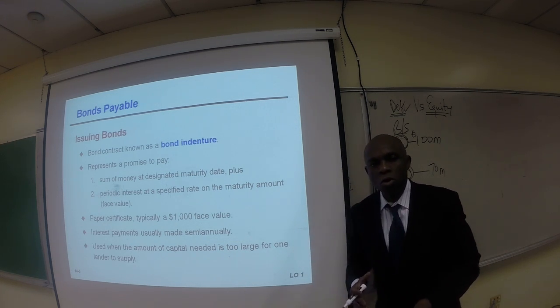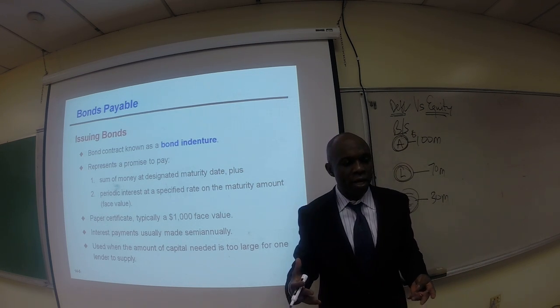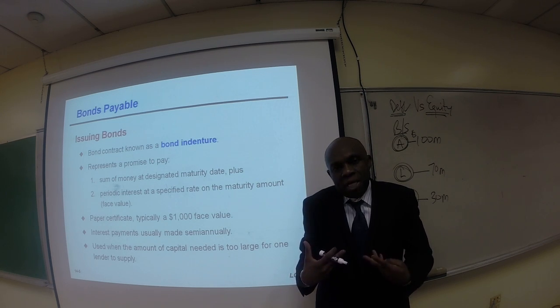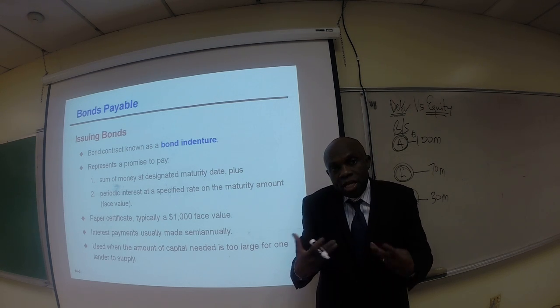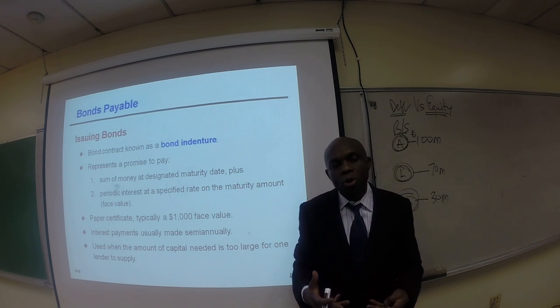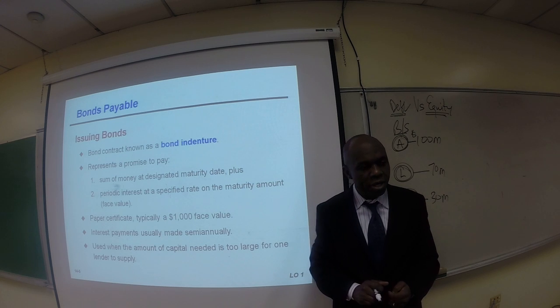So if a company issues a bond, bond is simply a certificate indicating that the company issuing the bond or selling the bond is indebted to the bondholder or to the investor that decided to buy the bond.